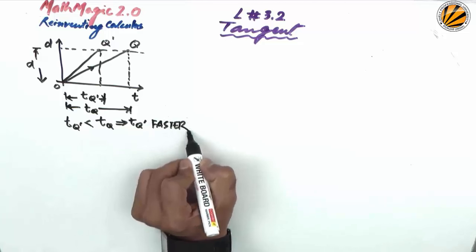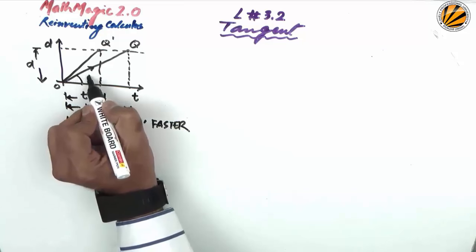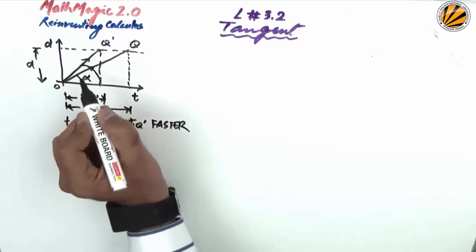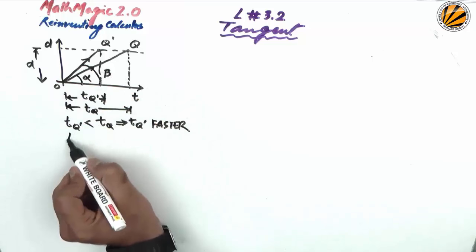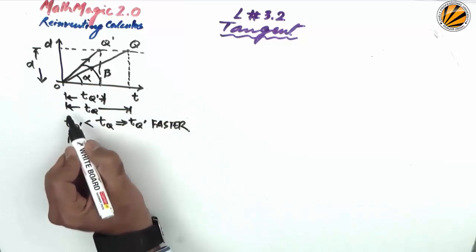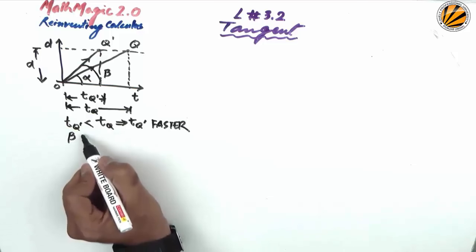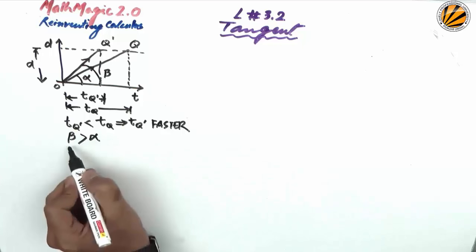So we can very well say that the rate of change purely and surely depends on the steepness of the curve, or the steepness of the path by which it is travelling. It means the steepness for TQ prime, at the level Q prime, is greater than that for Q.